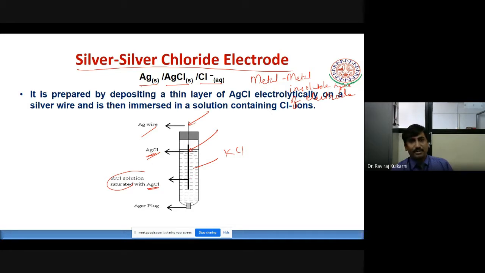So if you directly use it, this AgCl may strip off, may come out. So if you saturate this solution with AgCl, what do you get? It will not dissolve any more AgCl. Is that clear to you?